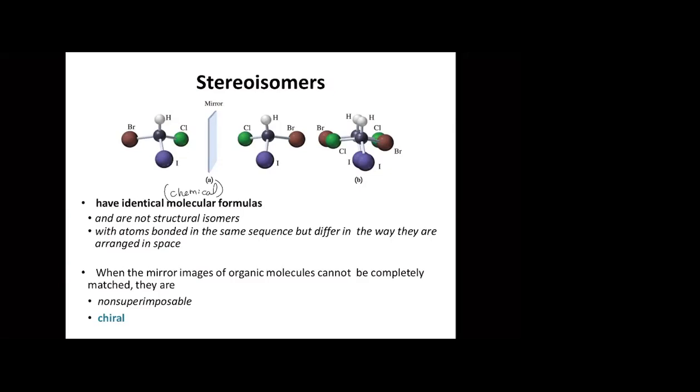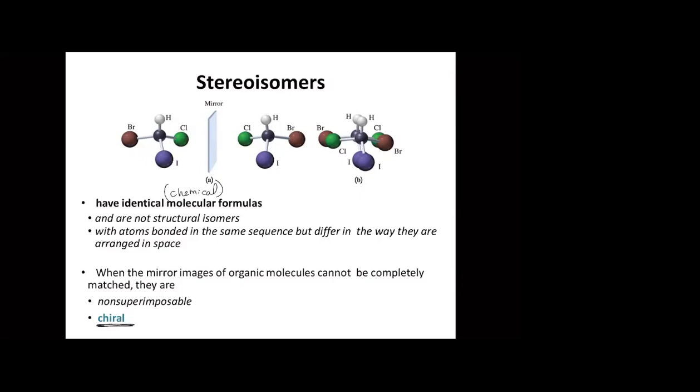Most of the time, these two molecules are going to be mirror images of each other, but the two images cannot be completely matched, so we call them non-superimposable. As long as our stereoisomer has 4 different groups around the carbon atom, that is known as a chiral center. Please don't mispronounce it. That word is pronounced chiral, okay?